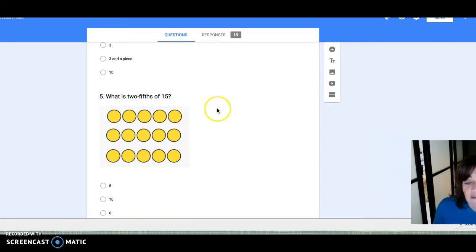What is 2/5 of 15? Well, we have an array here, 3 by 5. And if we divide this array into 5 groups, we'd have 1 group, 2 groups, 3 groups, 4 groups, and 5 groups. 1/5 is 3, 2/5 is 6, which was our answer. 3/5 would be 9, 4/5 would be 12, and 5/5 would be 15.